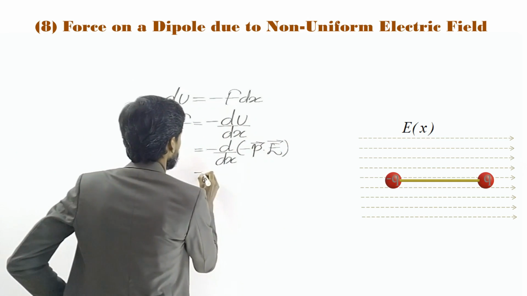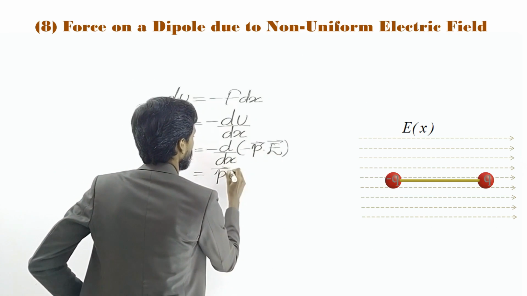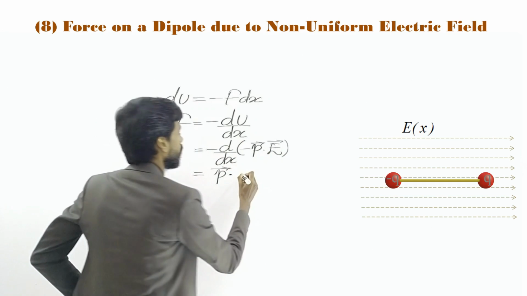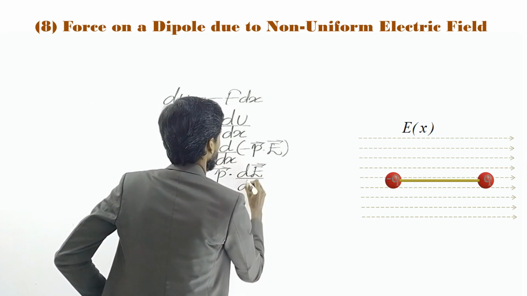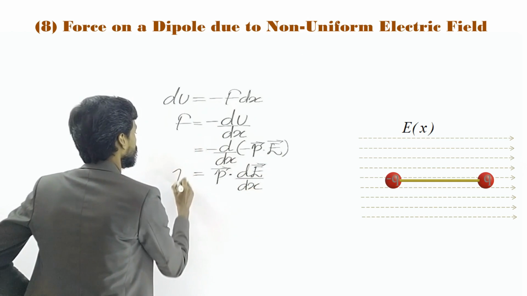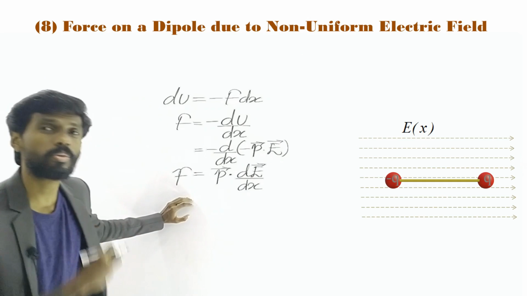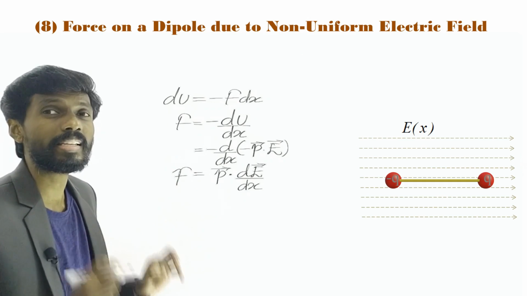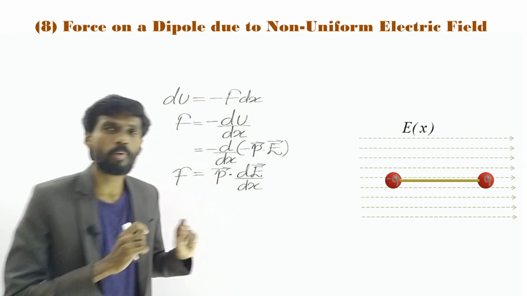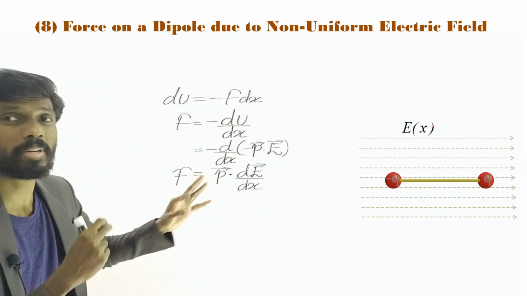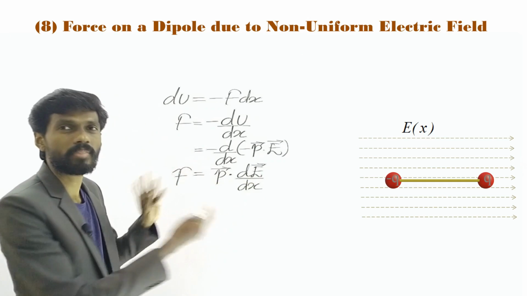Simply, this is P vector dot the derivative dE vector by dx. So this is the force, the formula that we have to use when the electric field is non-uniform. Now particularly when the dipole moment and the electric field are in the same direction, then the dot product is simply the product of the magnitudes.